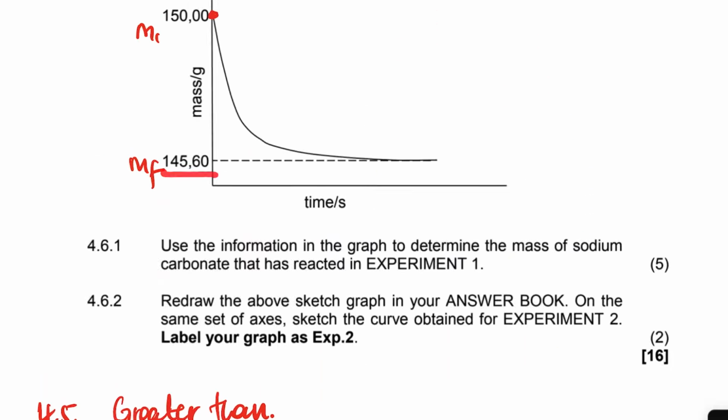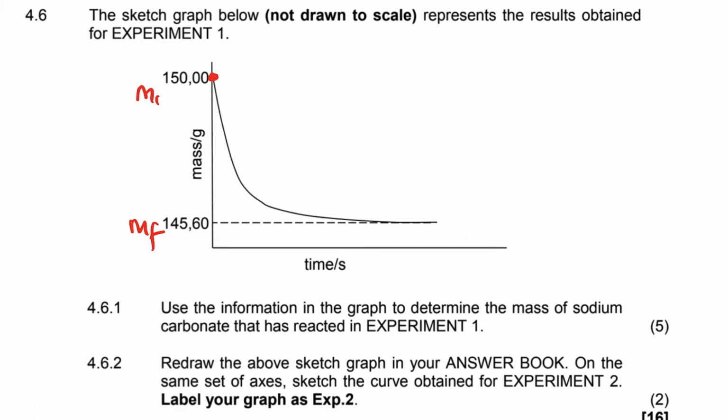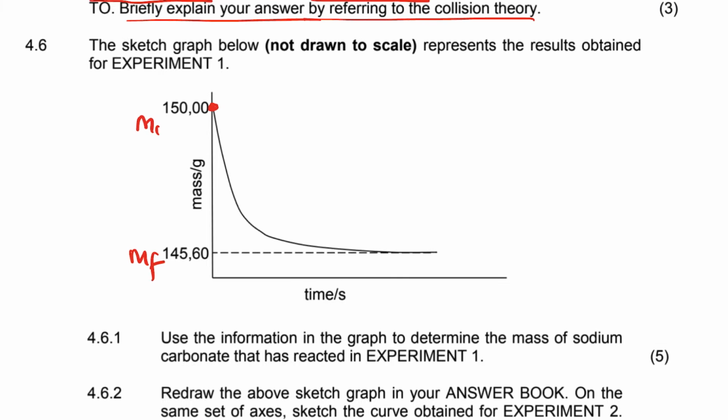So it's 145.60. What we can do, guys, I can just do the calculation here. Let me use a different color pen. This is 4.6.1. I can calculate the difference in mass.